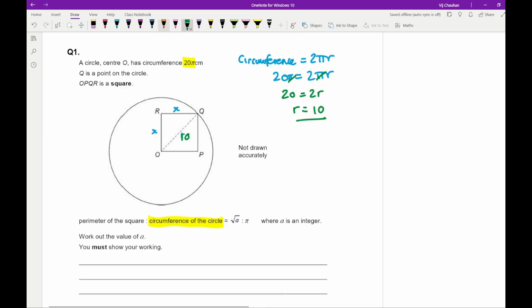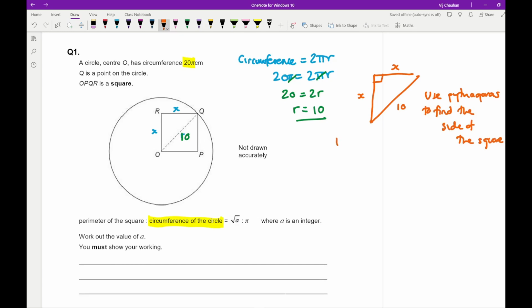Then if I take the triangle out, it's going to be a right angle triangle, so this is our r value, which is 10, and I label the other two sides as x, and I can then use Pythagoras to work out the side of the square.